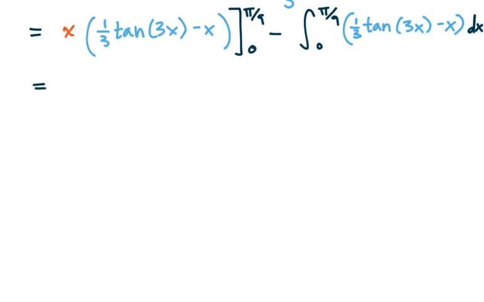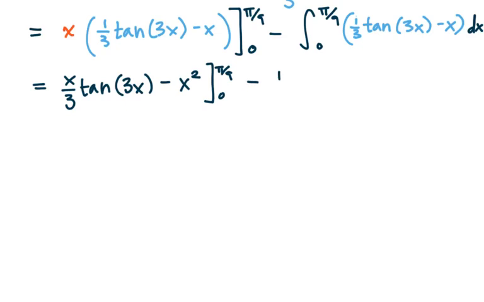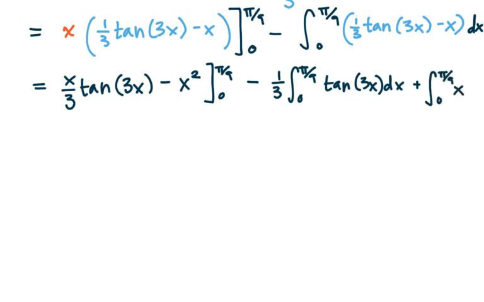So I have x over 3 tangent of 3x, I'm just distributing, minus x squared, pi over 9 to 0, minus, I have 1/3 the integral from 0 to pi over 9 of tangent 3x dx, and minus a negative, that would be plus the integral from 0 to pi over 9 of x dx.